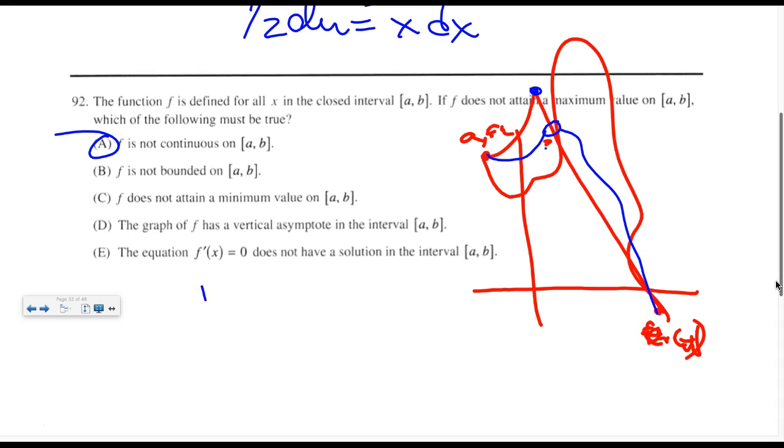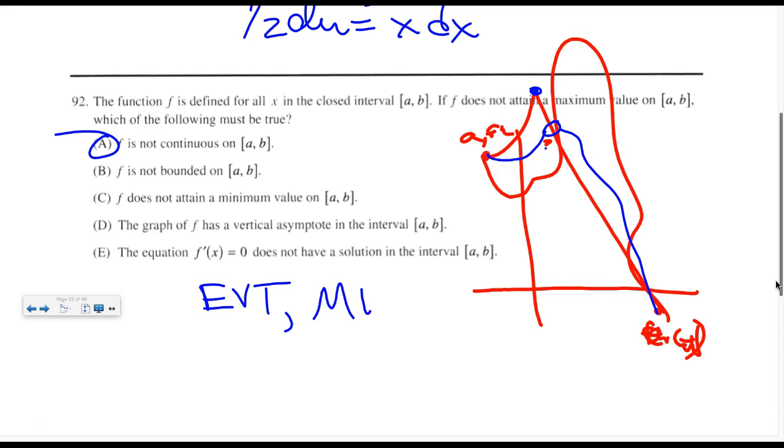So just lastly, before I leave you on this one, we have 3 existence theorems that you need to be familiar with. The extreme value theorem, which basically says what I just said. As long as a function's continuous, it guarantees that there's got to be a place where you have a max and/or a min.